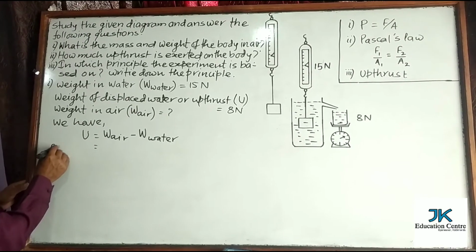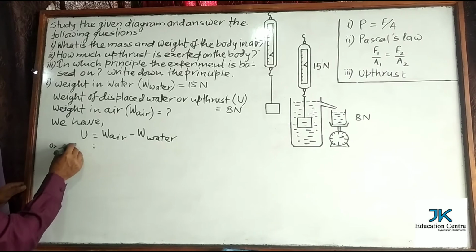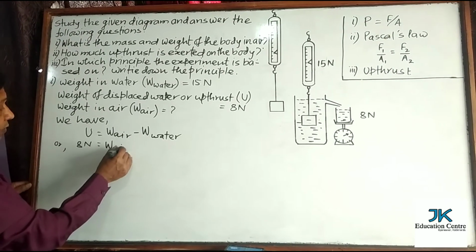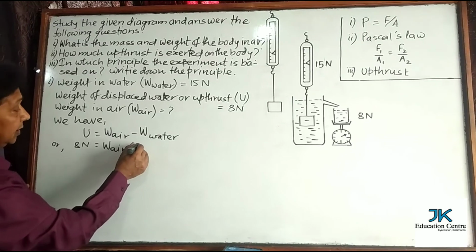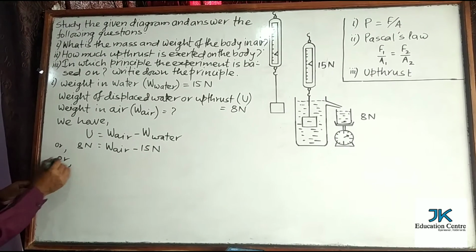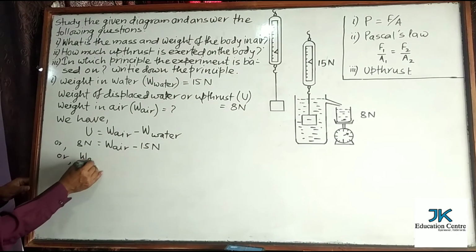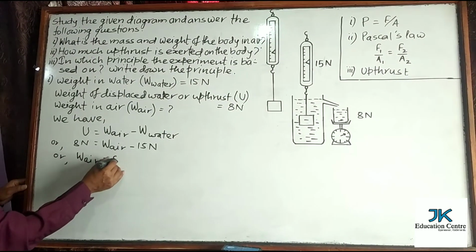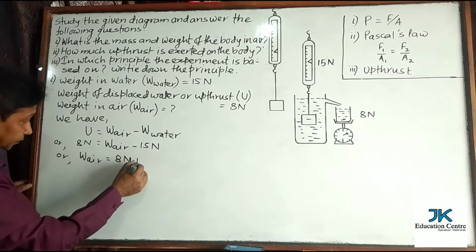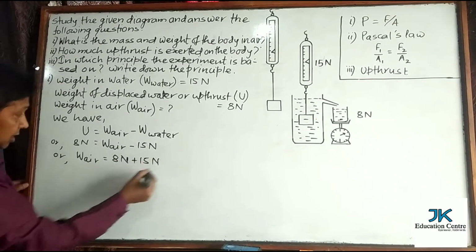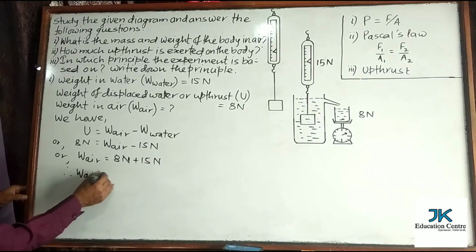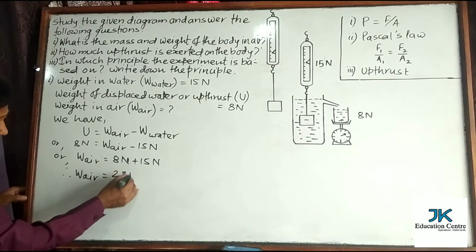Upthrust we have, that's why we write 8 Newton equals weight of the body in air, which we have to calculate, minus weight of the body in water, 15 Newton. This is a very simple numerical problem that comes in examination. Weight in air is equal to 8 Newton plus 15 Newton, since the minus 15 Newton goes to the left hand side as plus 15 Newton, and therefore the weight of the body in air is equal to 23 Newton.